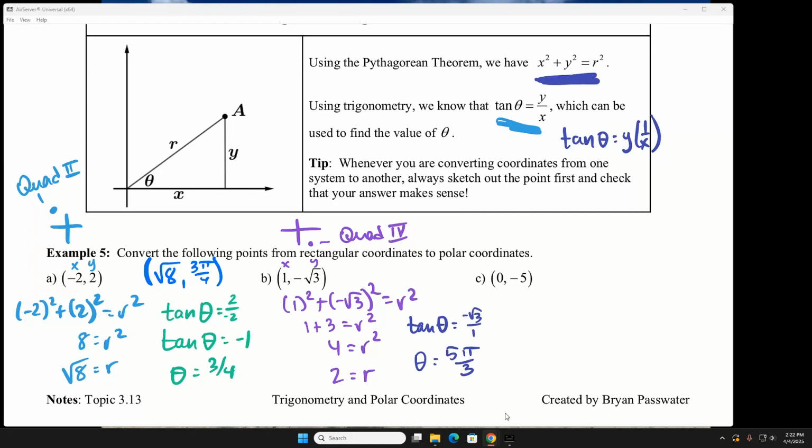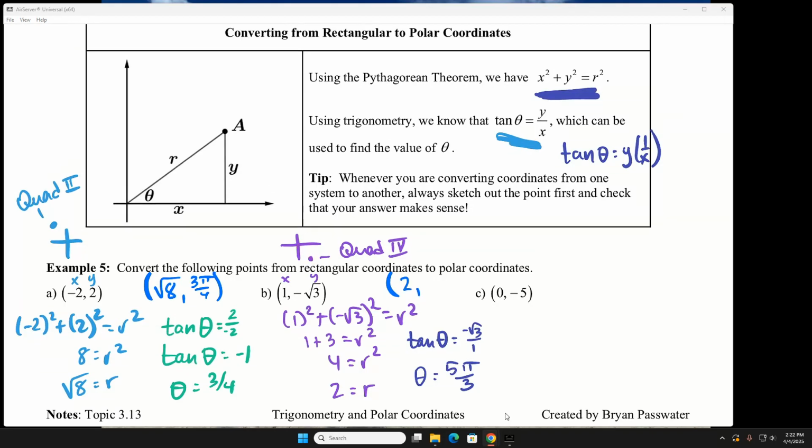All right, so the polar coordinates that take you to right 1, down square root of 3, the direct path to that, is going to be 2, angle 5 pi over 3. All right, and then for this one, when I do this graph, over 0, down 5, that is my point.